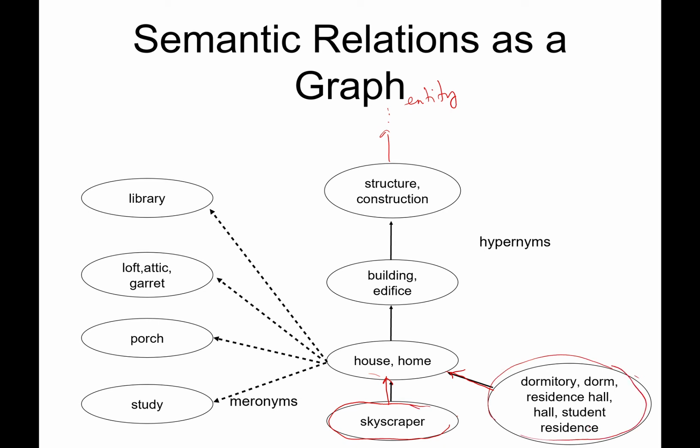This is a synset, this is another synset. And then you have the meronyms that give you a different type of relation to other concepts that might belong to other parts of the hierarchy. So library should be under something here, under something up to entity, right? And this could help you navigate these concepts in many ways.